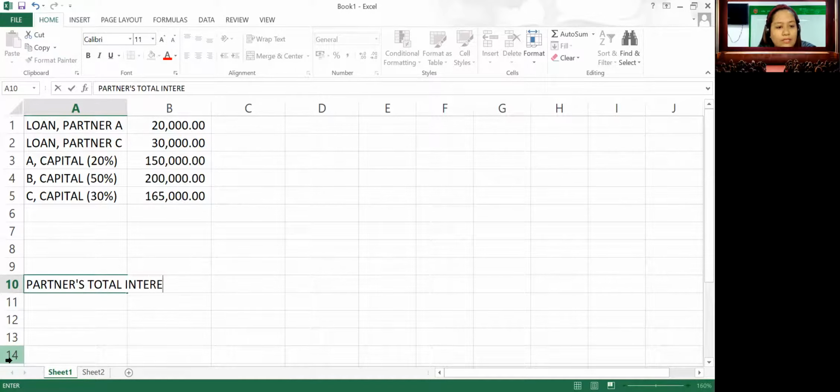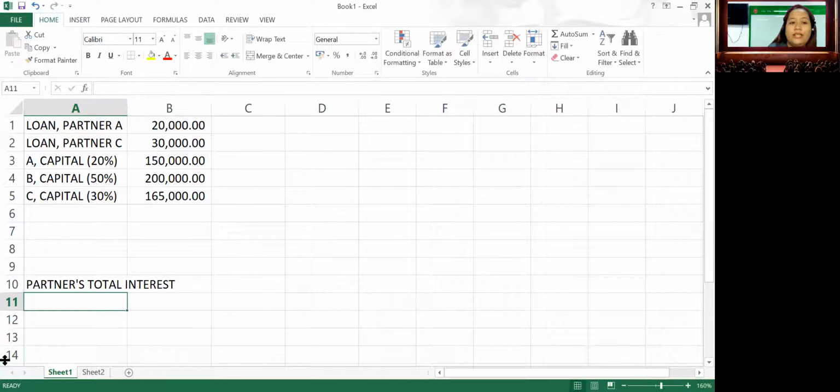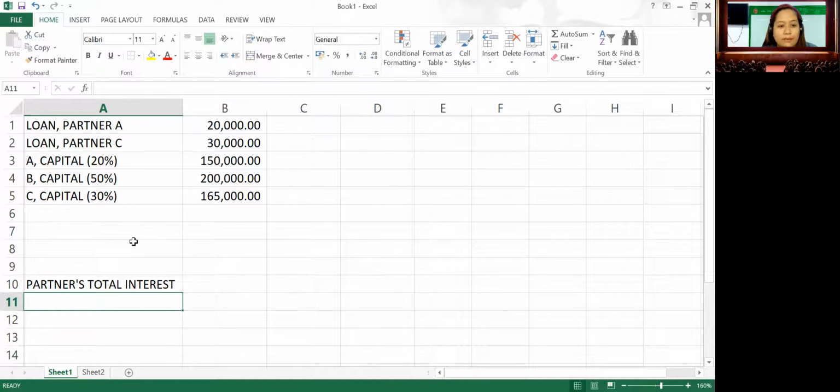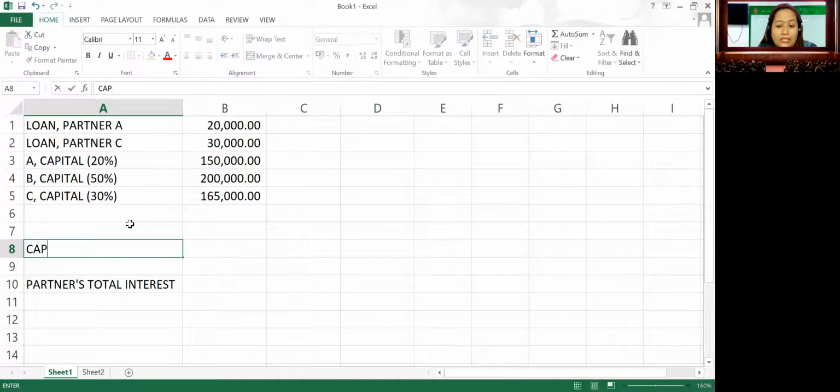Okay, in previous video or in previous discussion, we identify na in order to get the total interest of the partners, first thing is you have to know their capital balances. And the second thing is to know their loan balances.